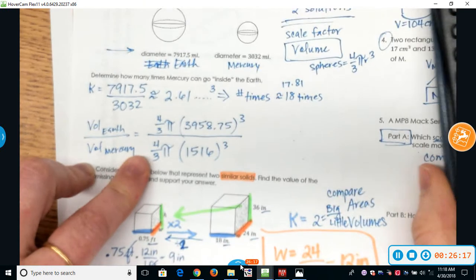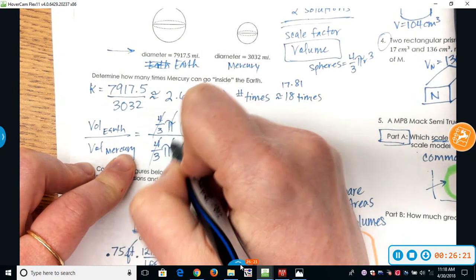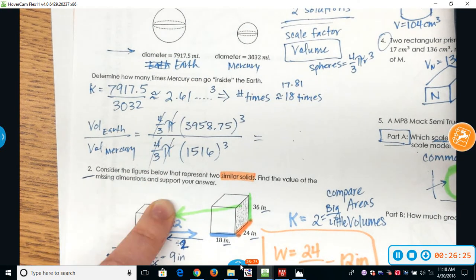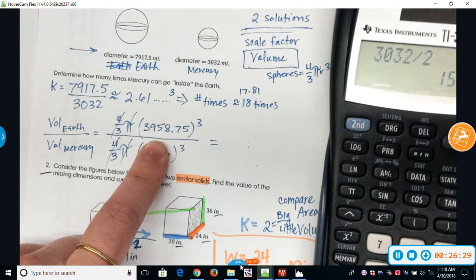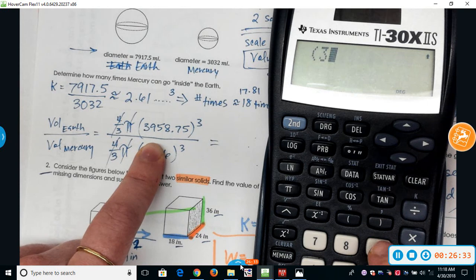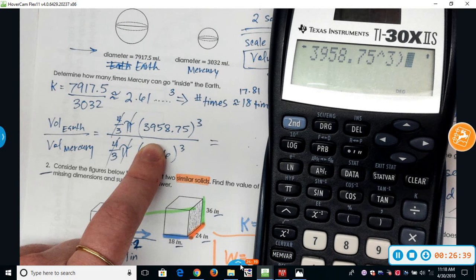One reason I didn't just do it all in the calculator, see how these are going to cancel. They're on both top and bottom. And then I can take my radii. So I've got one that's 3958.75, and I want to take it to the third because I'm cubing it.